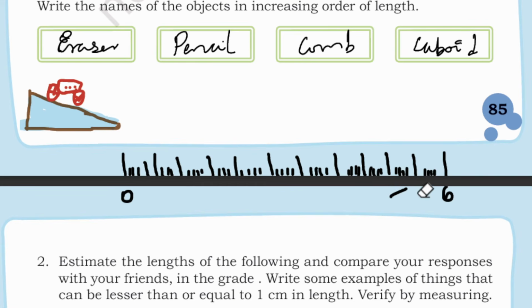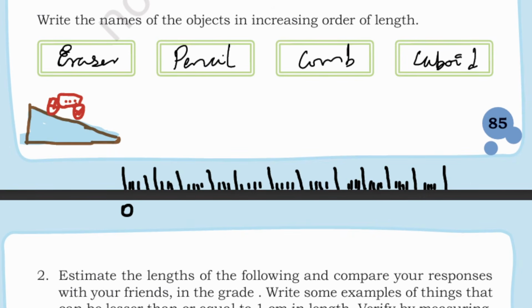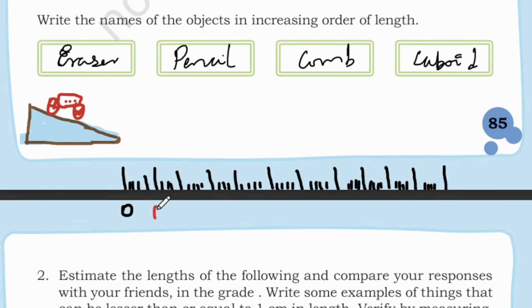I'll use meters. They are asking meter or centimeter. Okay, they are asking only centimeters. So what I'm going to do is mark this as 10 centimeter, 20 centimeter, 30 centimeter, 40 centimeter, 50 centimeter, 60 centimeter.